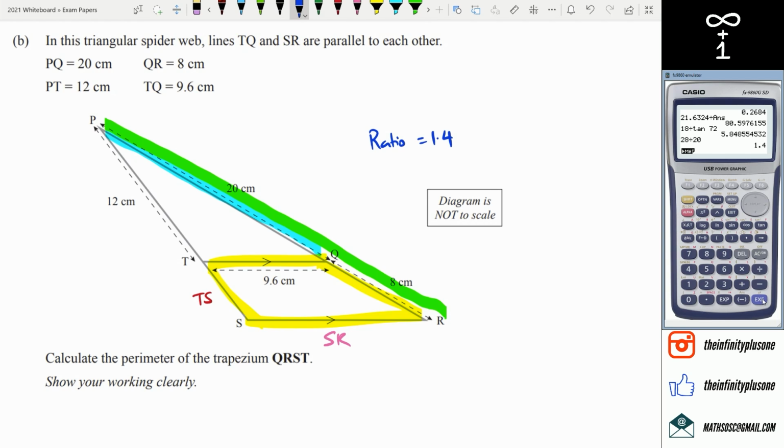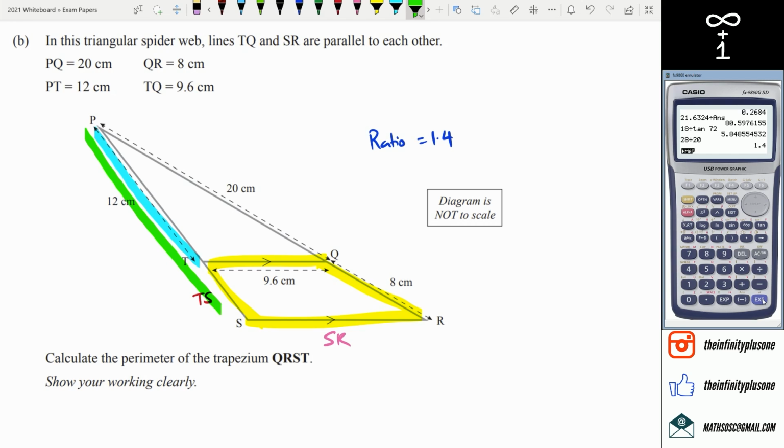And because it's 1.4, I can work out what TS is. TS is going to be 12 times 1.4. Well, not TS actually, I'm incorrect. I've got to work out what PS is first. So if I was to repeat it on the other side, I've got 12, which is from up to here to here.